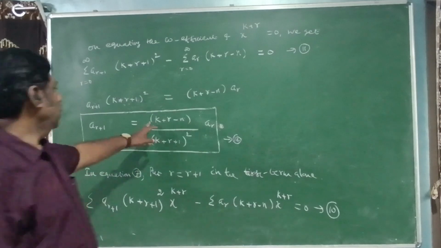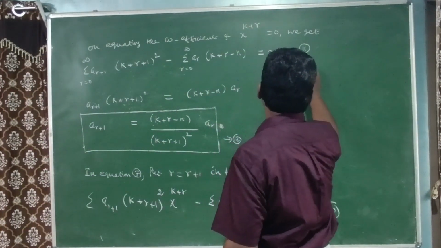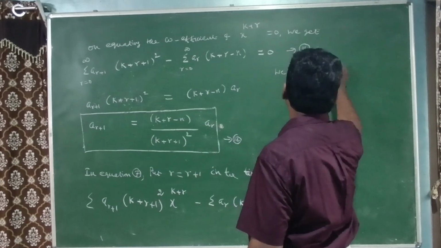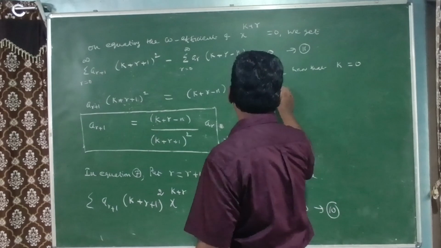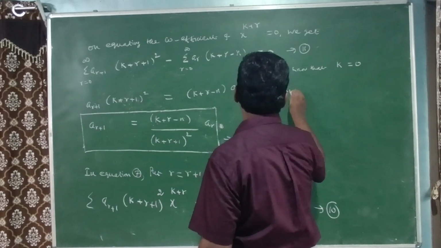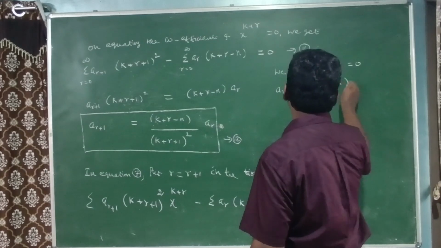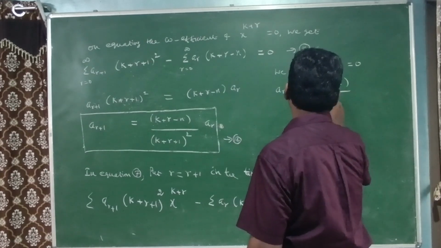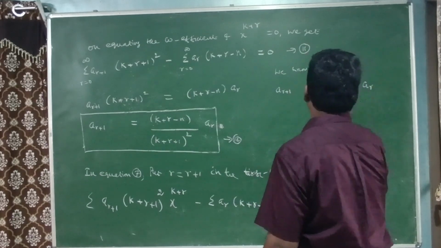But we know the value of k equal to 0. Therefore, a r plus 1 equal to r minus n divided by r plus 1 whole square into ar.